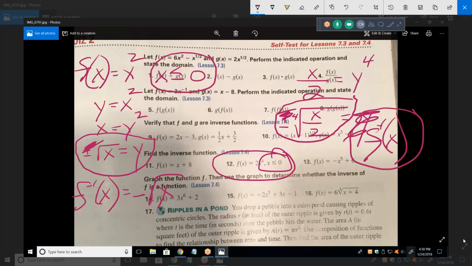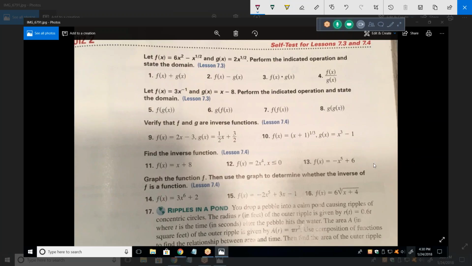That's definitely tricky when you're dealing with domains like that, because you have to know quite a bit about inverses. And if you guys haven't covered domains and ranges, then you're not really going to understand how to do 12 properly.